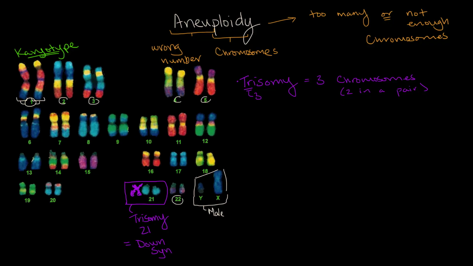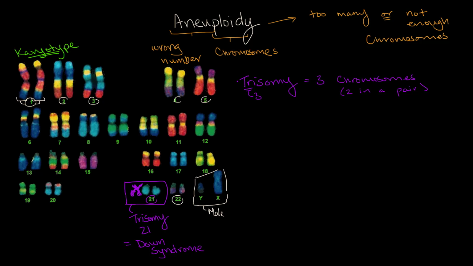So you've maybe heard of someone suffering from Down syndrome, or even in TV or movies, people with Down syndrome. It's quite a common disease. And so this is, of course, an aneuploidy, and it's caused by having an extra chromosome, and specifically an extra 21st chromosome.